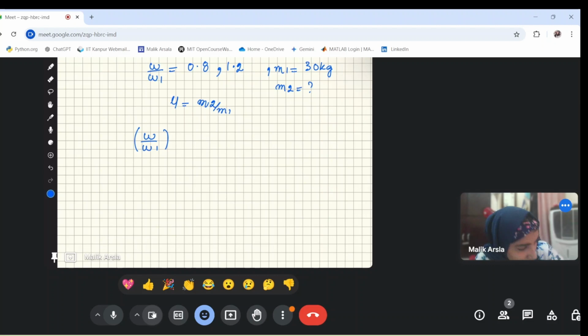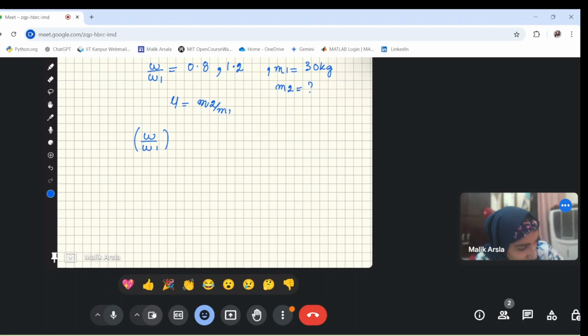Another form for this equation is, if I replace omega upon omega 1 by r, it comes down to mu is equal to r to the power 4 plus 1 upon r square, minus 2.